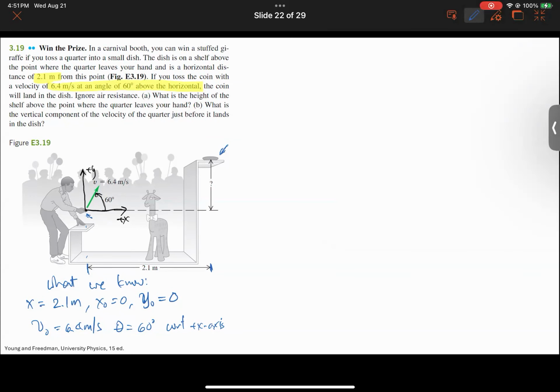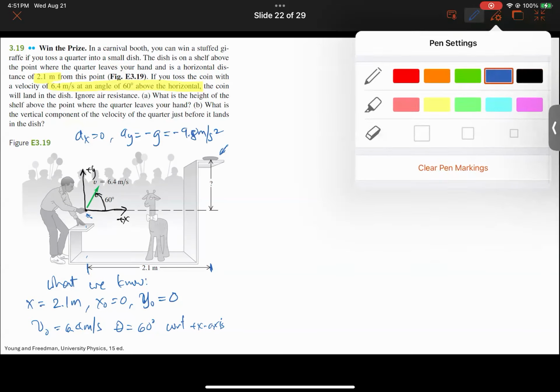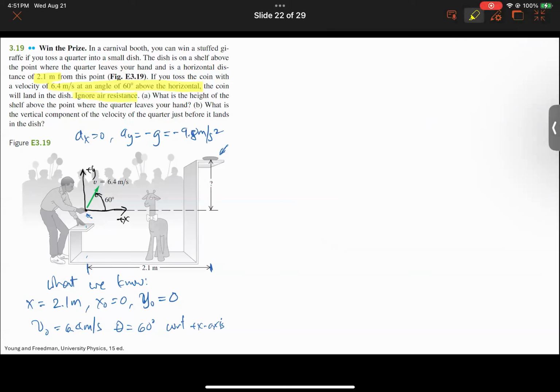What else do we know? Since that's the axis we chose, ax is equal to 0 and ay is equal to negative g, or negative 9.8 meters per second squared. We also ignore air resistance, which means the coin undergoes projectile motion, because only one force causes the motion of the coin, the force due to gravity.